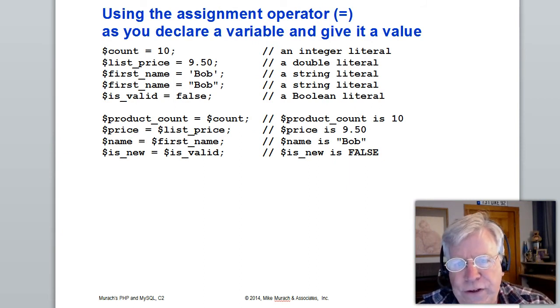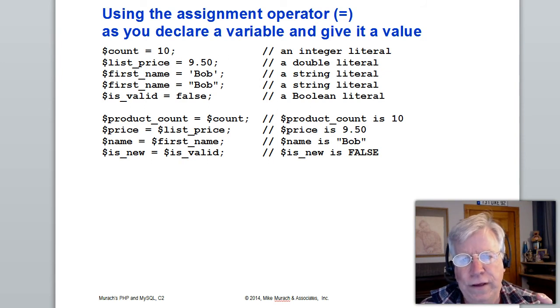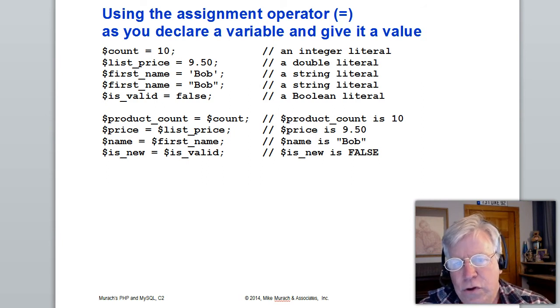If you're used to C or Java, a lot of times you have to say string, the variable name and then the value, or float, the variable name and then the value, integer. You do not have to declare the actual type. What will happen is the type will actually be determined by the value that you're assigning to it.